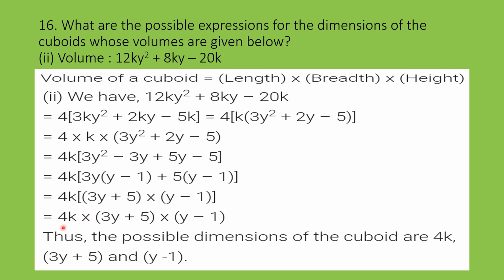So you are getting the factors as 4k multiplied by 3y plus 5 multiplied by y minus 1. Thus the possible dimensions of a cuboid are, you can write it as its length 4k, breadth 3y plus 5 and the height as y minus 1.